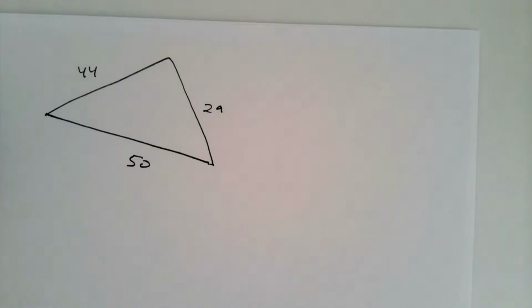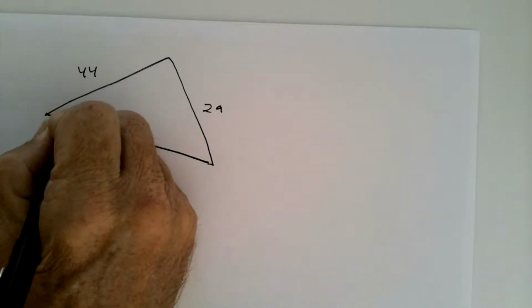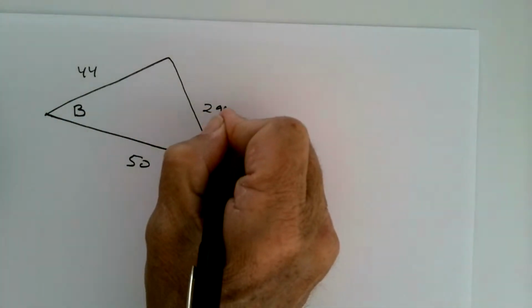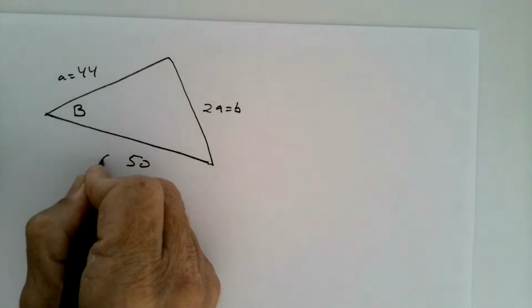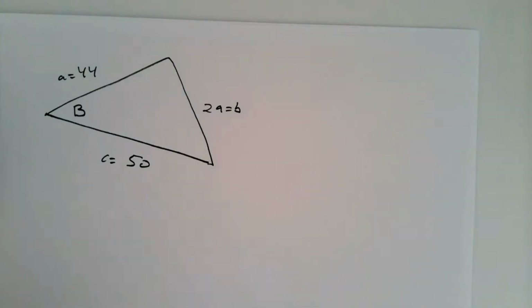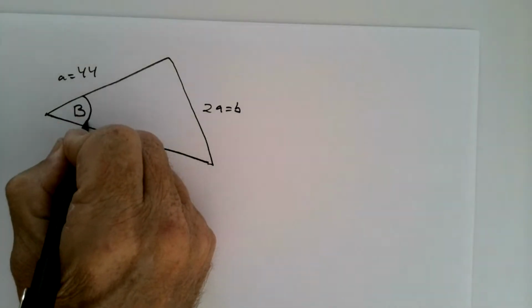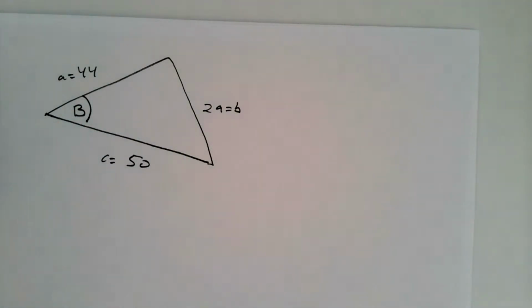So we'll call this angle B, which would make this little b, which would make this little a, which would make this little c. So let's try to find this angle B, and then we'll use that to find the area of our triangle.